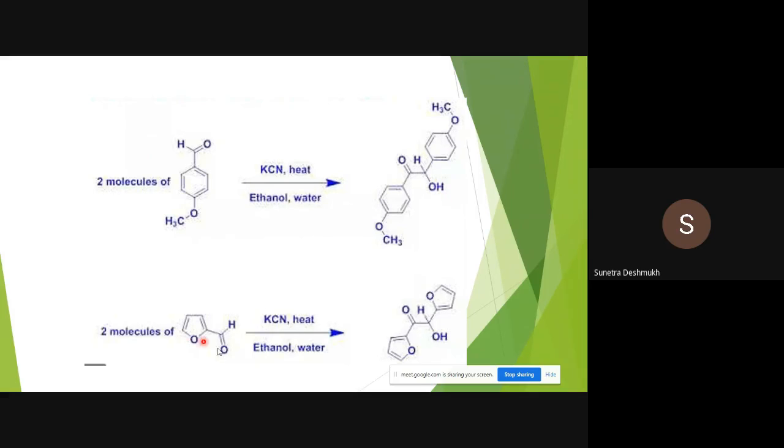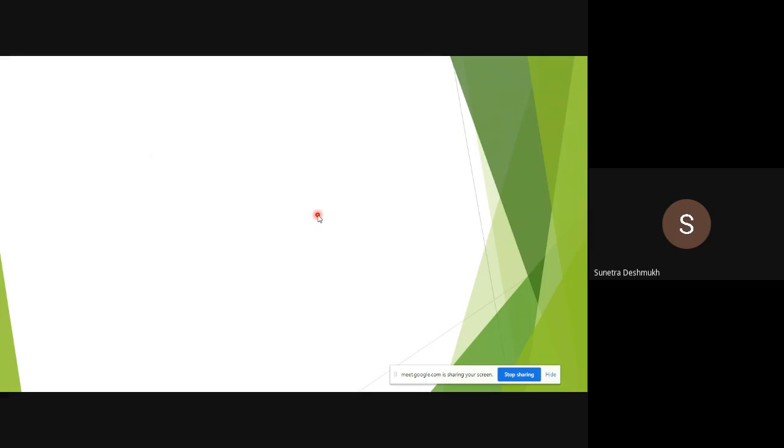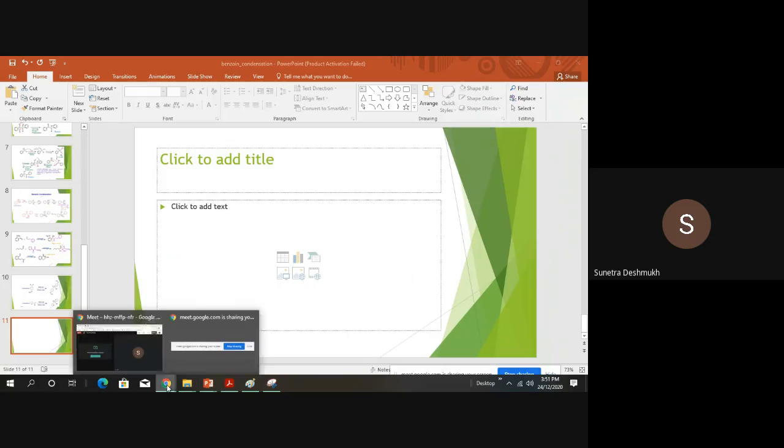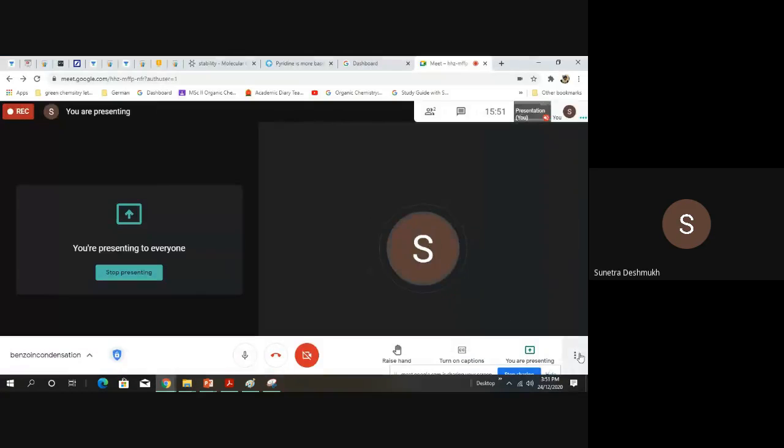Two moles of furfuraldehyde we can utilize and we can get this alpha hydroxy ketone. These are examples of the benzoin condensation reaction. Hope this will help you out for your final examination.